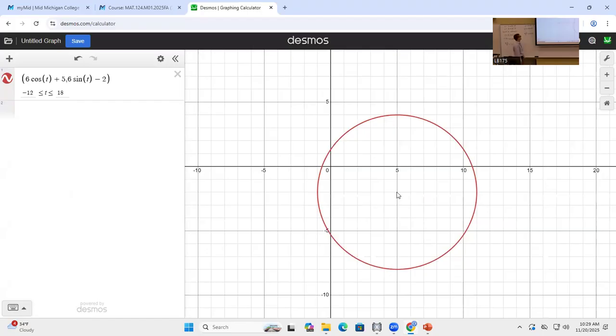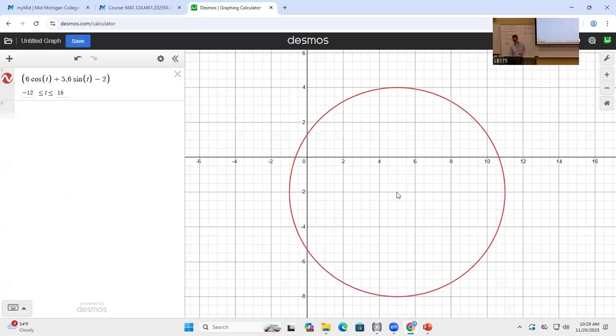A circle, centered at 5, -2. And then if you look at the radius, it is 6. The distance from edge to center is 6. Be okay with that? Count if you'd like.